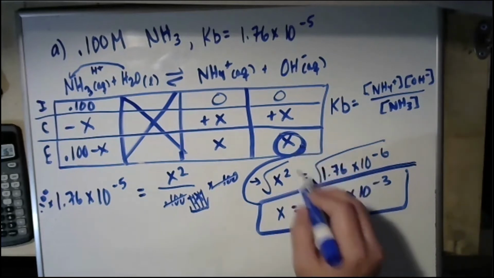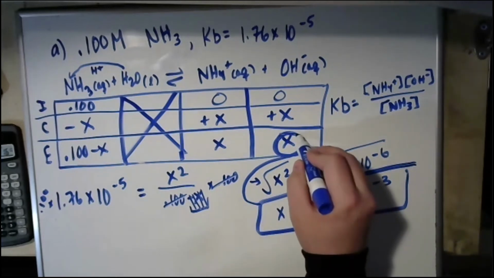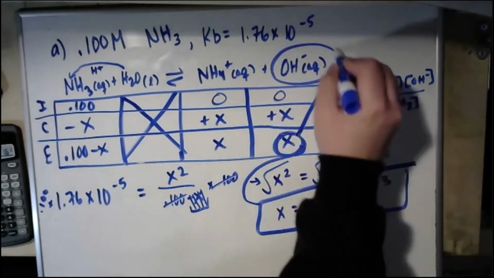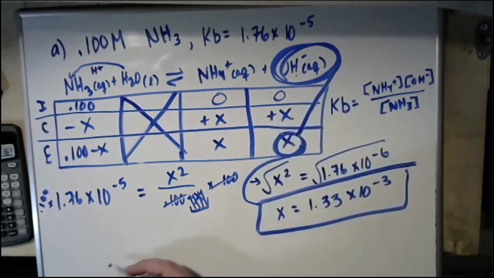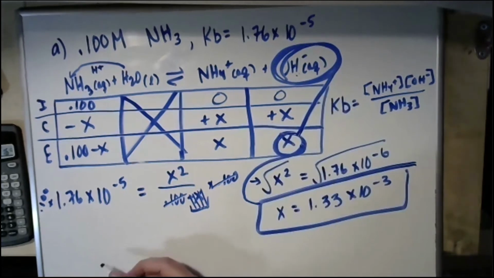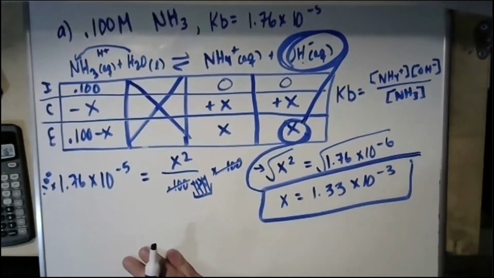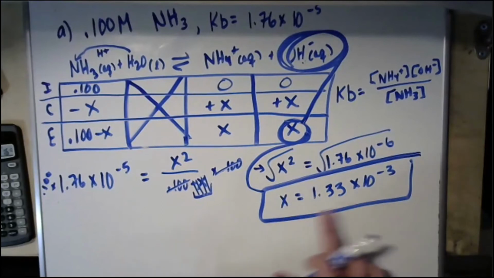And we can find the pH through our OH concentration, but we have to remember that this is an OH minus concentration. It's not H plus. So we can't solve for pH directly from this number.